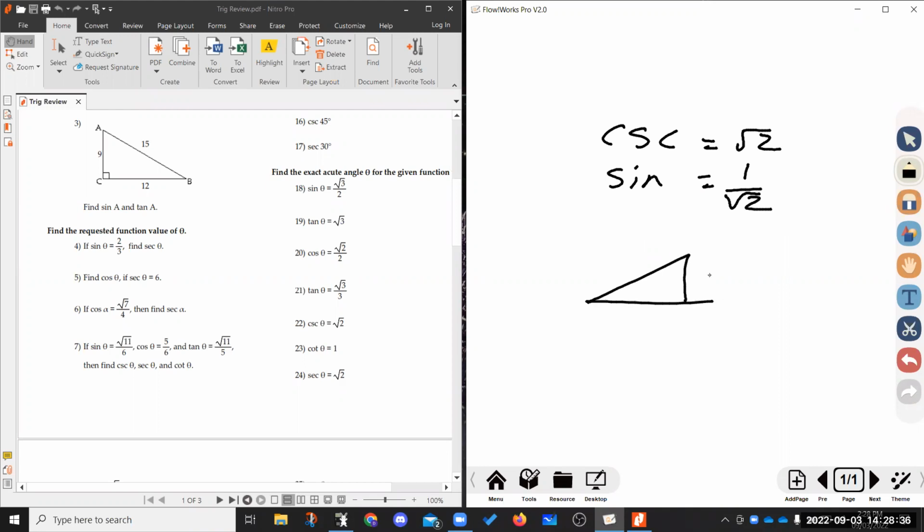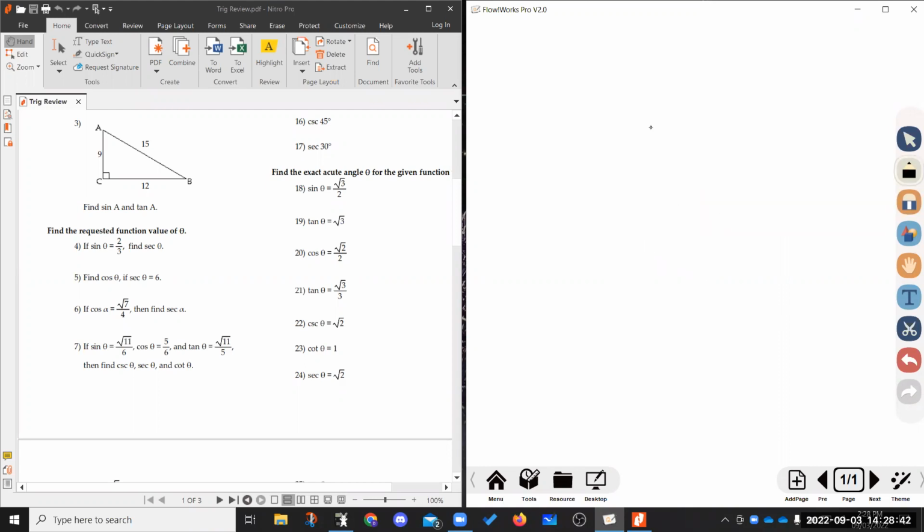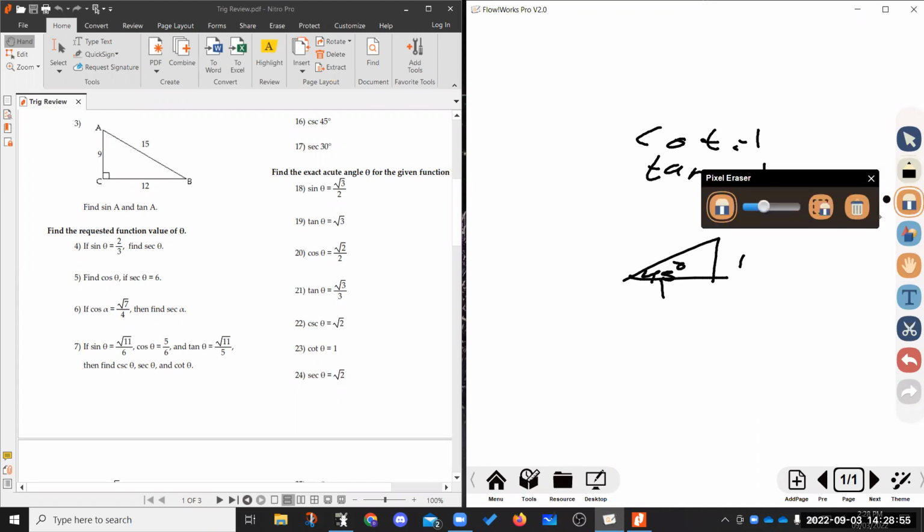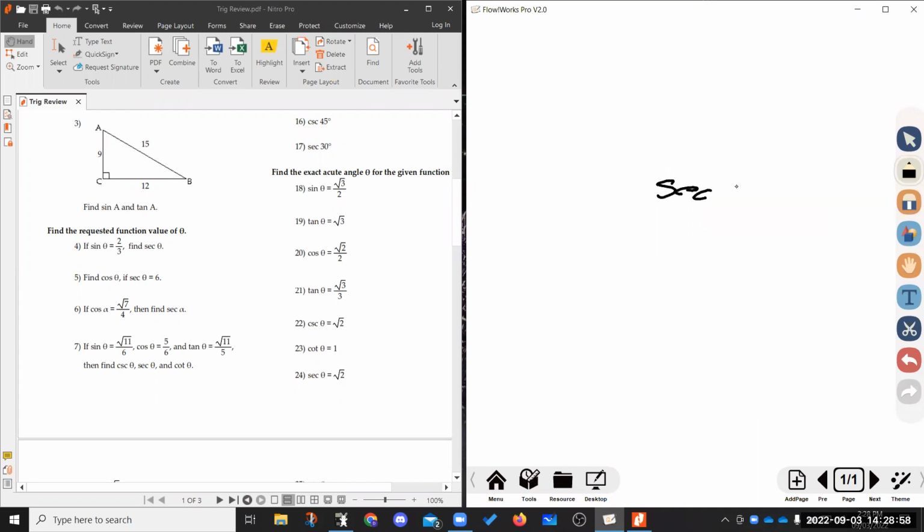So if sine is 1/√2, that's a 45-degree angle. Cotangent is 1, which is the same thing as tangent being 1. Ratio of 1 to 1, that's a 45-degree angle. And my secant is √2, which means my cosine is 1/√2. That's a 45-degree angle.